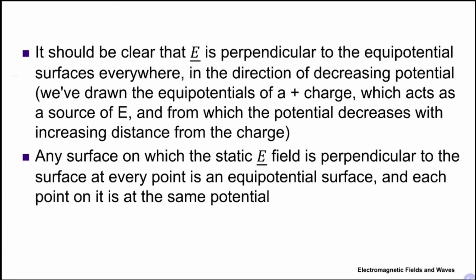For a positive charge, it acts as a source of electric field, and the potential decreases with increasing distance from the charge. In an equipotential surface, each point on the surface has the same potential.